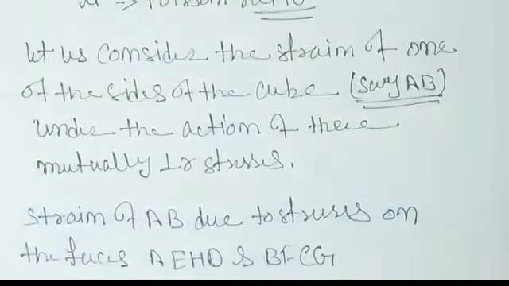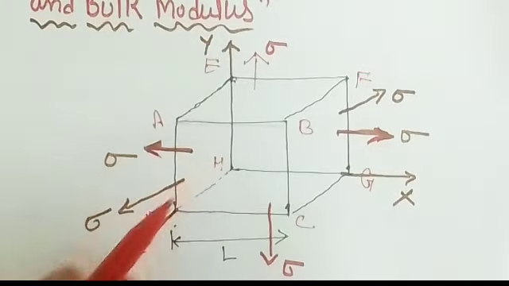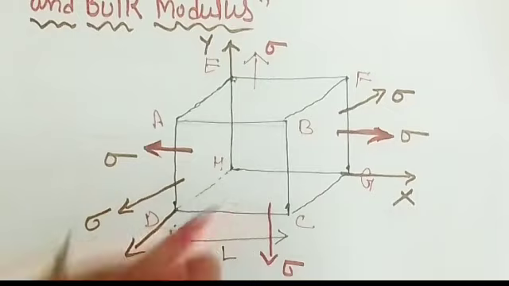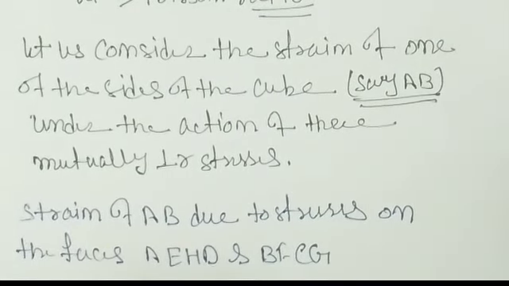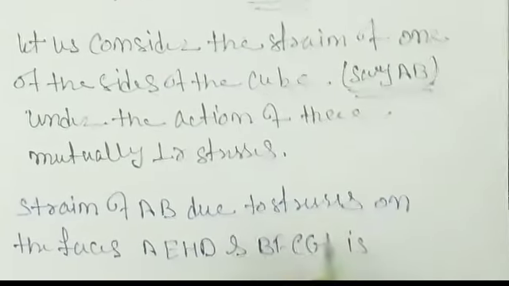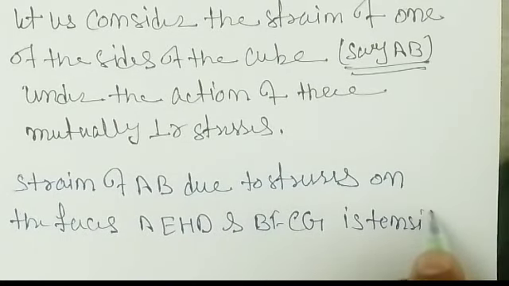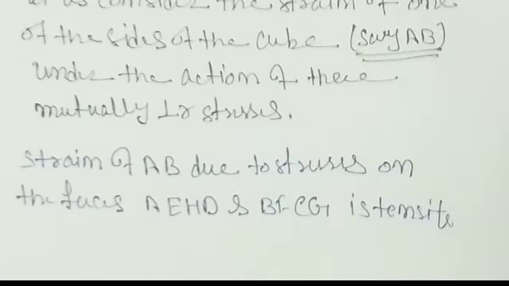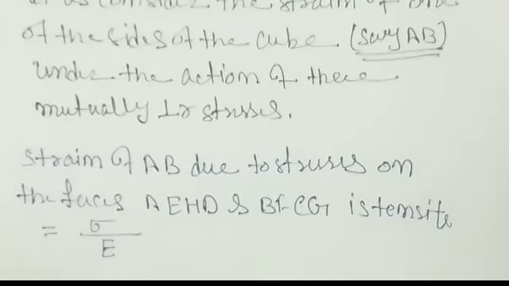Again I'll show you, this is very important. I have considered AEHD and BFGC as tensile. If you understood this, then the game is over. BFCG is tensile, and the magnitude of that strain is nothing but stress by Young's modulus, which is sigma by E.